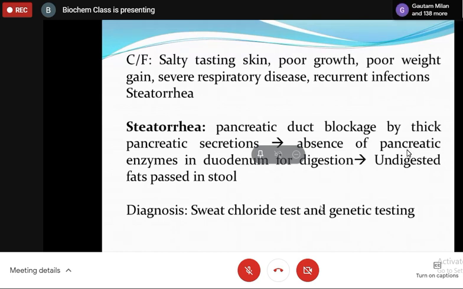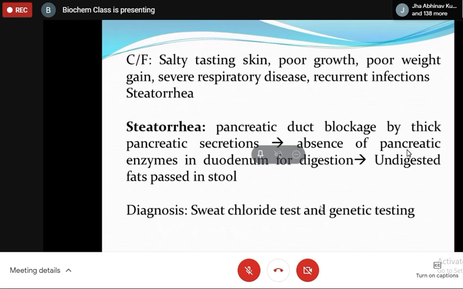Because of the defect in the CFTR protein, the pancreatic secretions become very thick. When the pancreatic secretions become thick, they block the pancreatic duct. So when the pancreatic duct is blocked, the pancreatic secretions are not able to reach the duodenum.